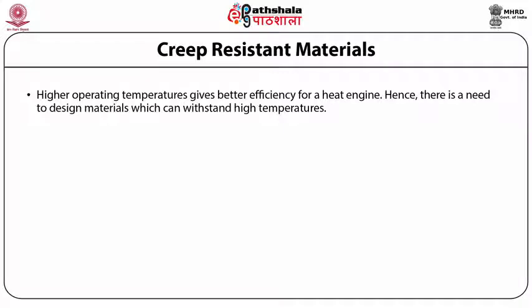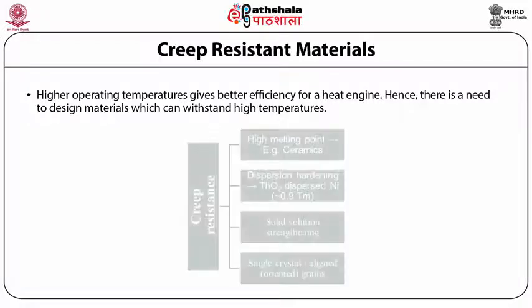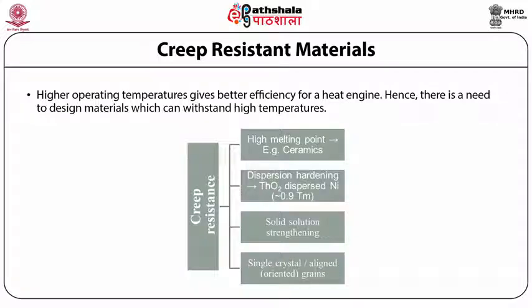The figure given here shows creep resistance leading to four things. The first one is high melting point, an example of which is ceramics. The second one is dispersion hardening, that is TiO2 dispersed nickel. The third one is solid solution strengthening. And the last one is single crystal or aligned oriented grains.